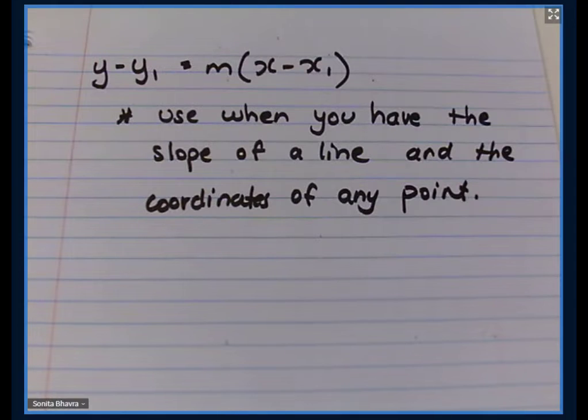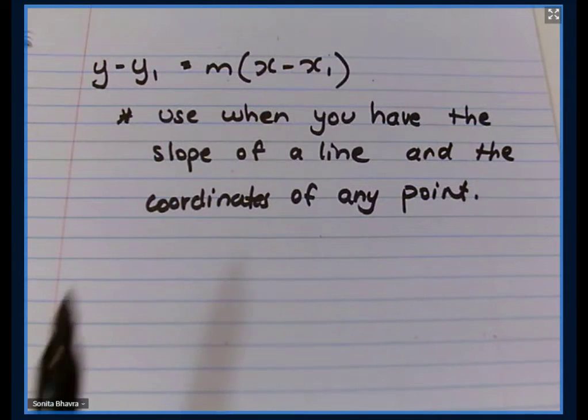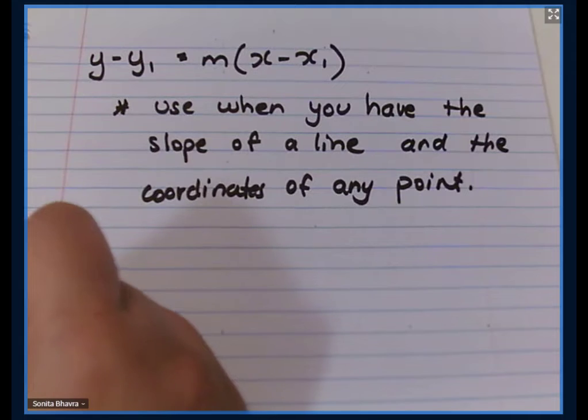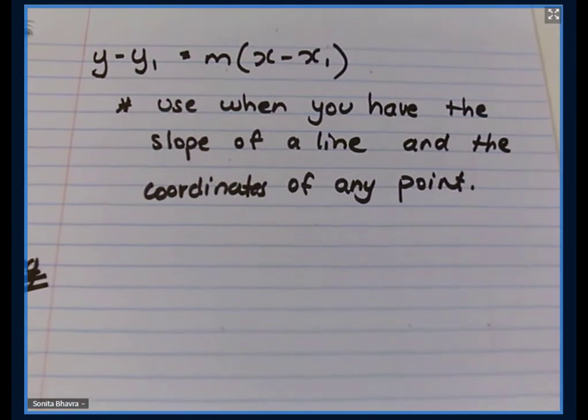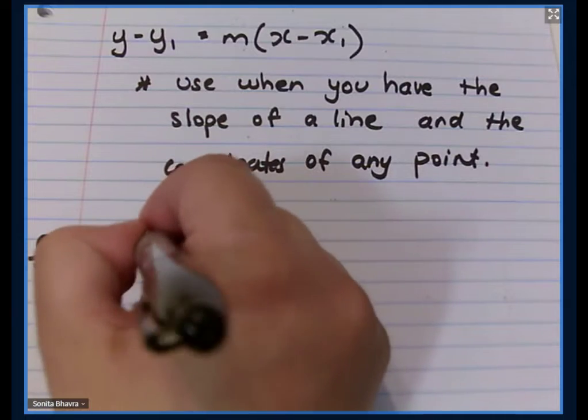Okay, so this form, which is called the slope point equation of a line, y minus y1 equals m times x minus x1. Very useful when you have the slope of a line and the coordinates of any one point. So let's take a look at our example. So let's say we have a point on the line at 6, 5.